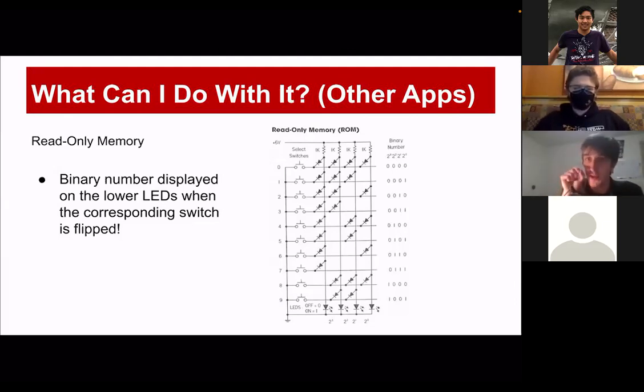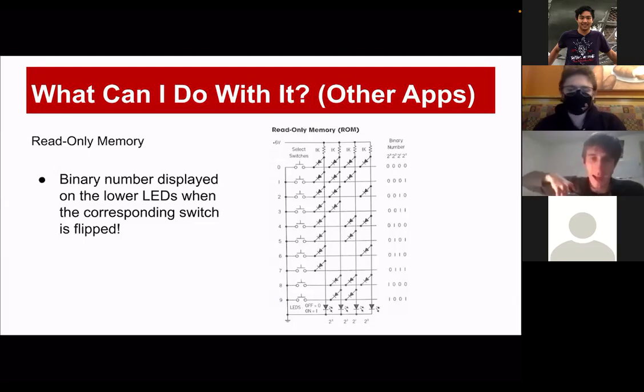So when we switch 1, it displays the binary number 1 on the bottom. If we look at, say, 5, it's pulling the first LED to ground, and then the third LED to ground, which displays 0, 1, 0, 1 on the LEDs on the bottom.